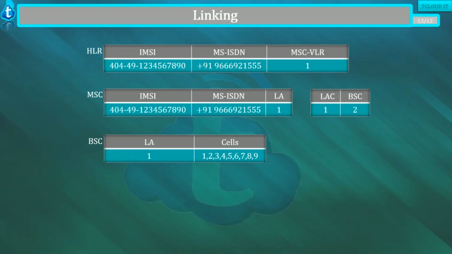In this example, the BSC will distribute the incoming call details into 9 cells, because this location area comprises 9 cells.